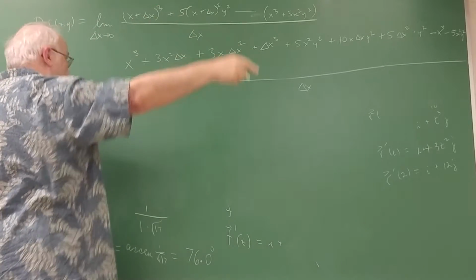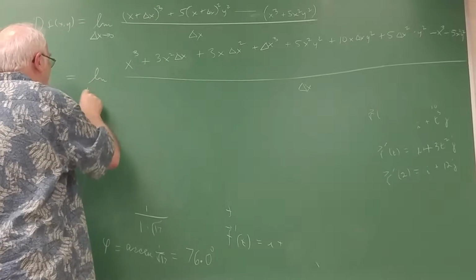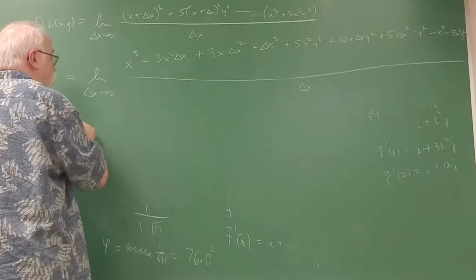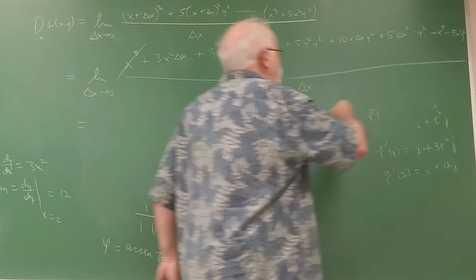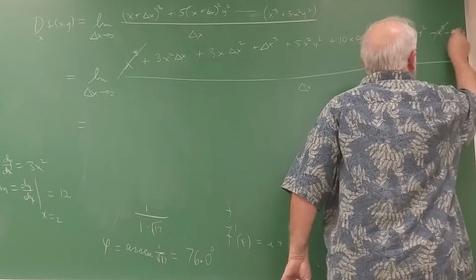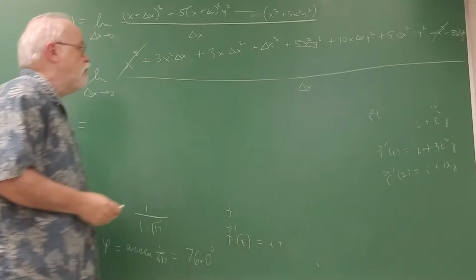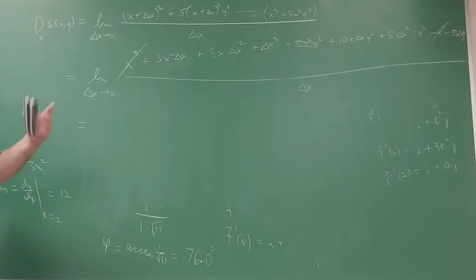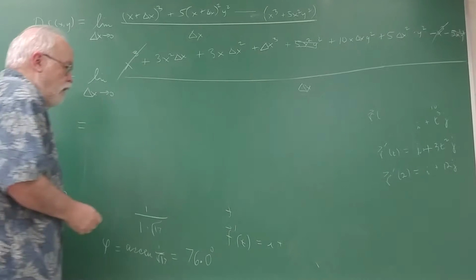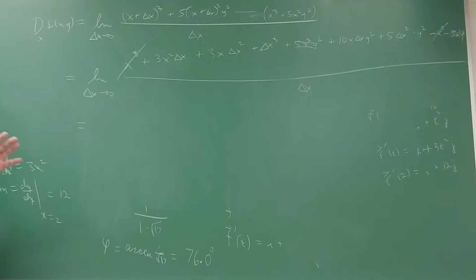Gone. Gone. So all the terms that are left do involve delta x, which makes it easy to divide by delta x. That's only valid for polynomials.